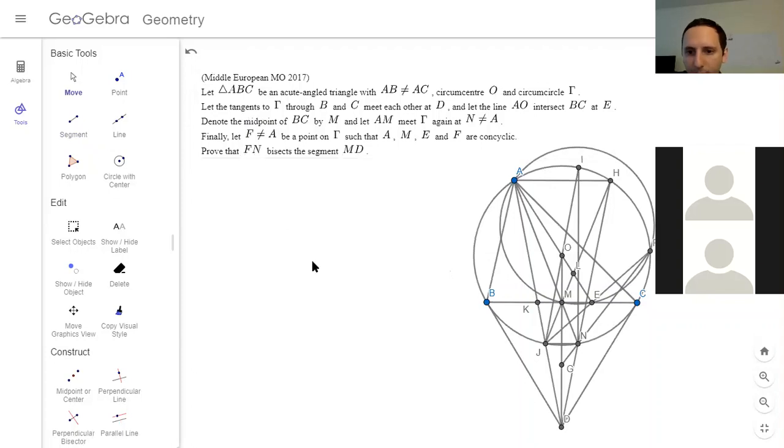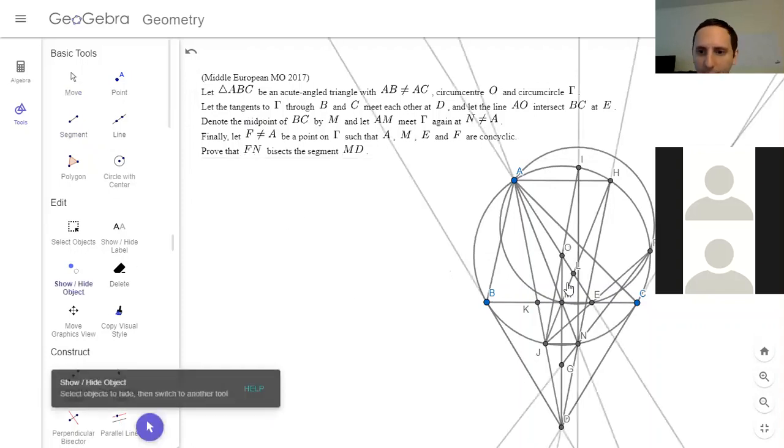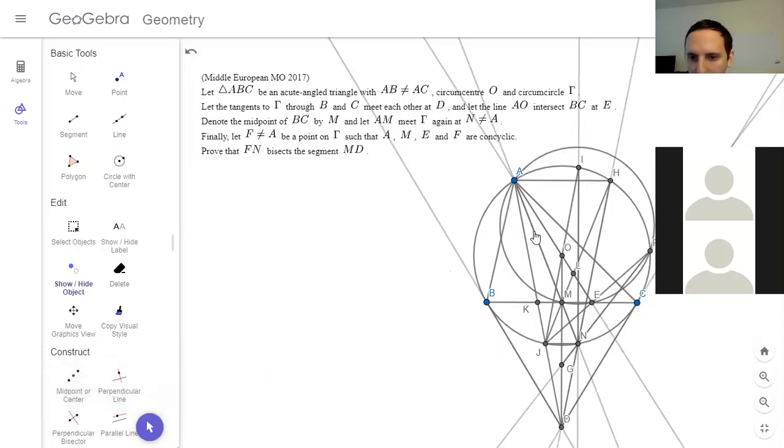All right, so first we wanted to show, so yeah, I added a lot of stuff to the figure, obviously. Let me see what I actually needed. I think I needed it all. So what did I do? I first want to show AIHC is cyclic. I projected through point J. So yeah, let me first hide a bunch of stuff.